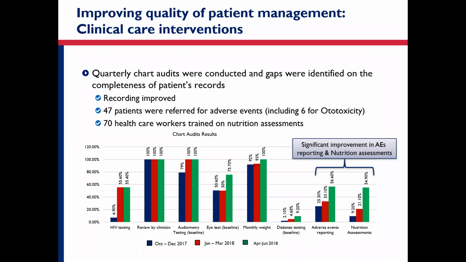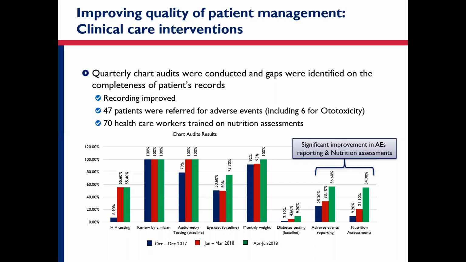And based on the chart review, we begin to see that when we started at baseline, that is the blue bar, there were gaps with HIV testing, there were some issues in eye testing. Issues with eye testing as well as nutrition and adverse side effects, and nutrition we mentioned, diabetes testing as well.